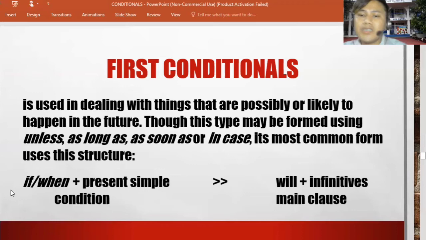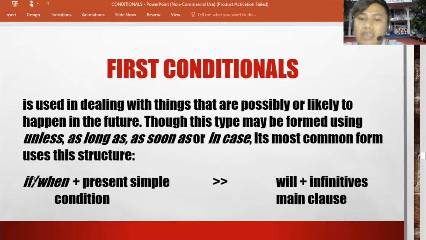Okay, so these are just a few things that we have to bear in mind. Its most common form uses this structure. So in writing our first conditionals, we have to follow this structure.